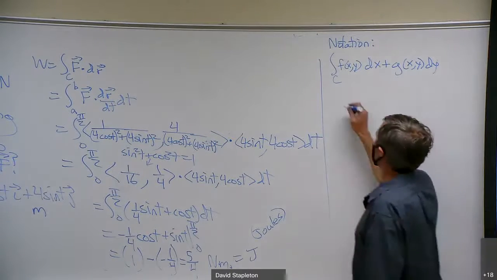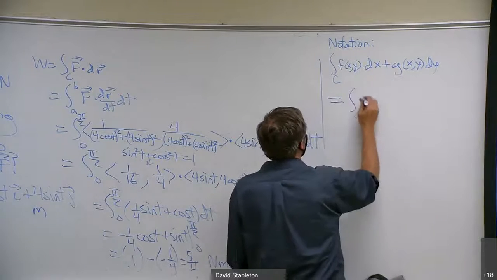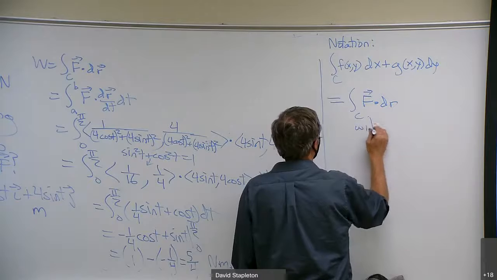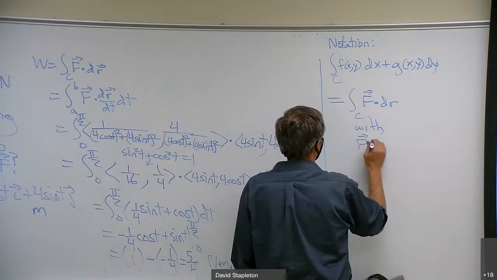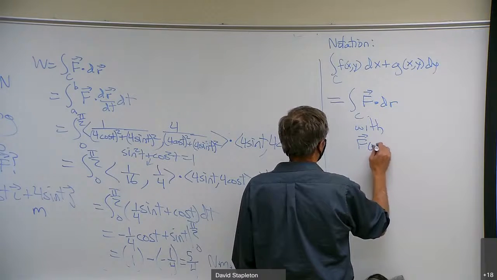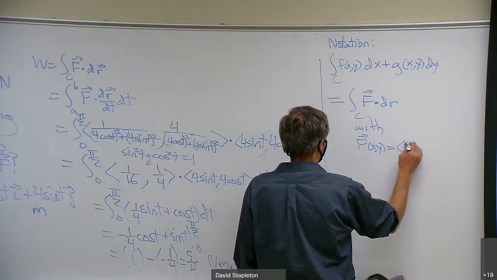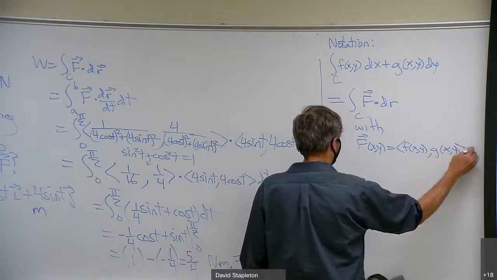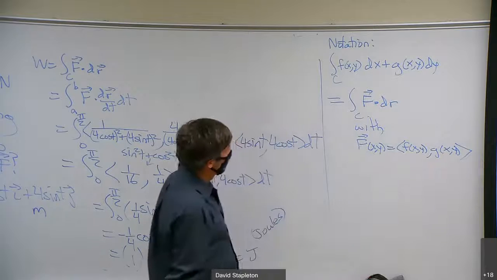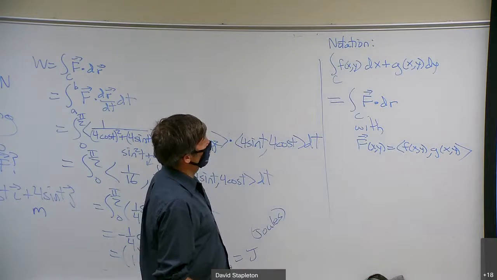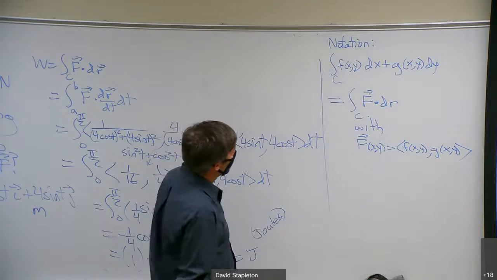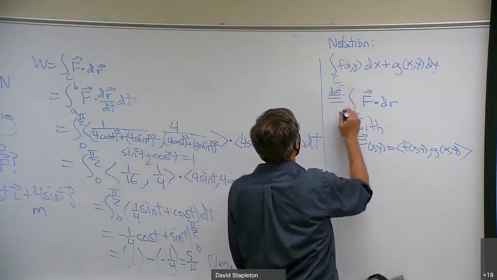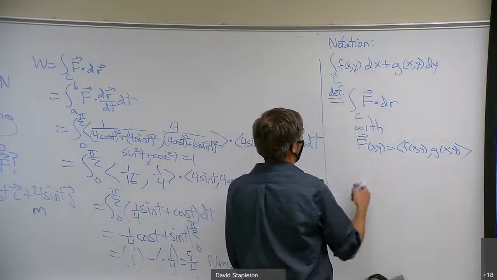We can let this denote the integral of F dot dr, the vector line integral, with F denoting the vector with components f of x, y and g of x, y. And this comes out to be the same thing. By our theorem, but we'll call this a definition for us. We'll let this just be another notation for that.